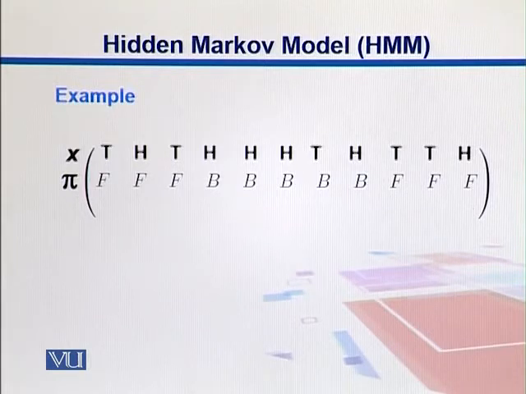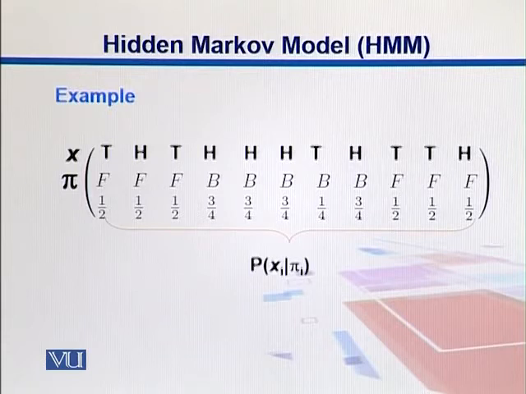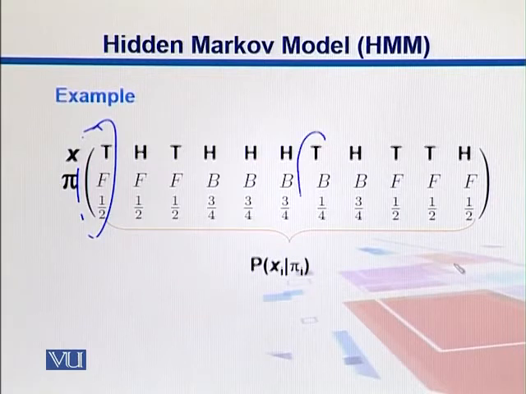Now, what is the probability while it's coming from one of these states? What is the probability within each? That we call P of x_i given pi_i. For example, the probability of having a tail from a fair die is half, whereas the probability of seeing a tail in a biased die is 1/4.